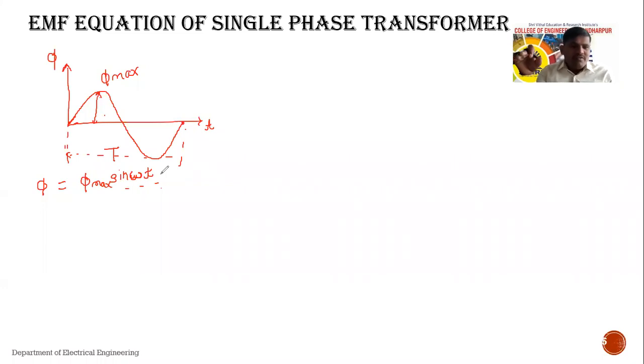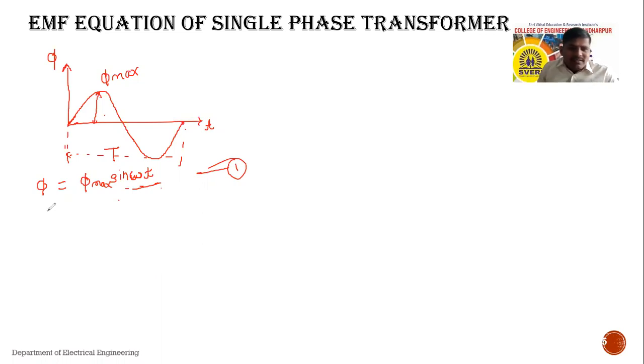So here we consider one value of flux, that is phi is equal to phi max sin omega t. This is equation number 1. Now, the value of induced EMF E is directly proportional to the rate of change of flux. We want to derive the equation of induced EMF.